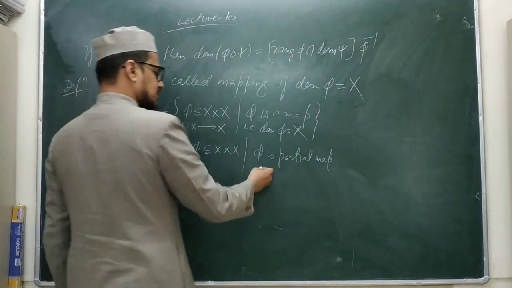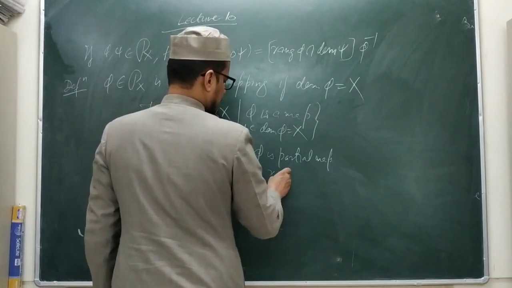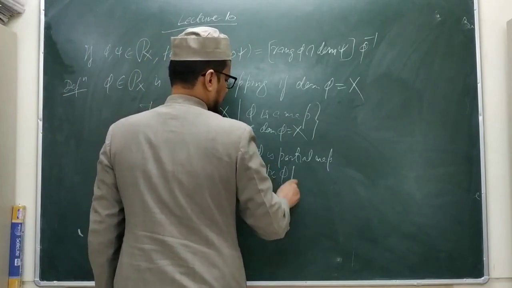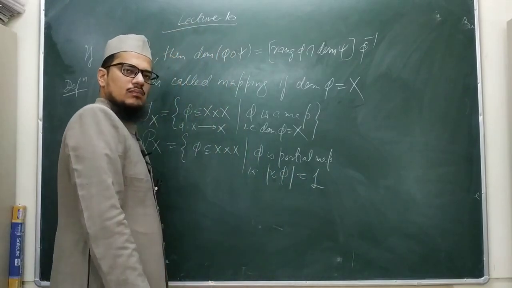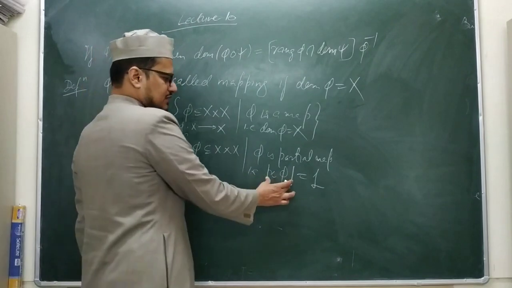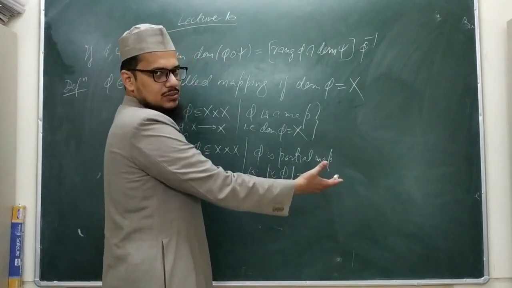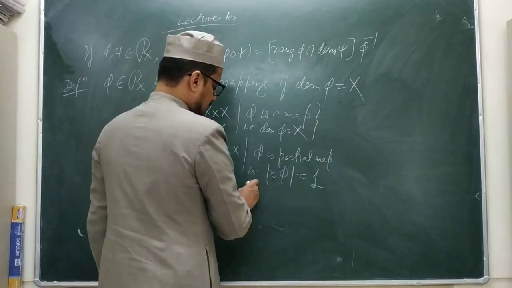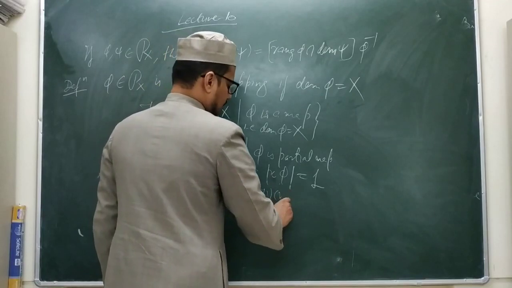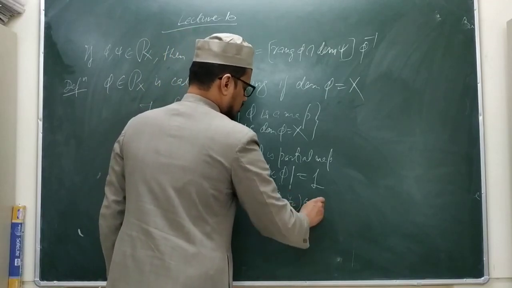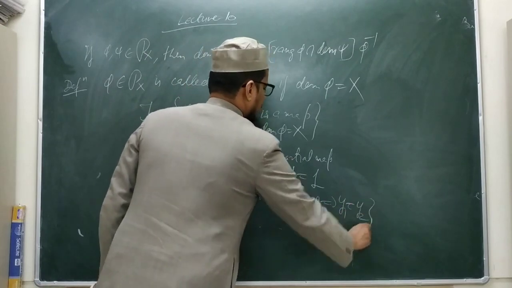And here phi is a partial map, that is the number of elements in x phi is 1, the unique image. It means that (x, y1), (x, y2) belongs to phi implies y1 is equal to y2.